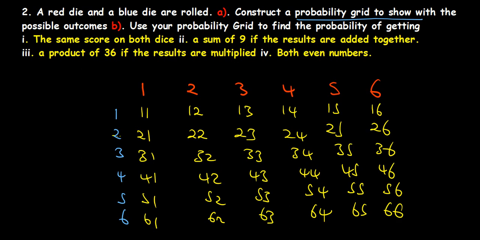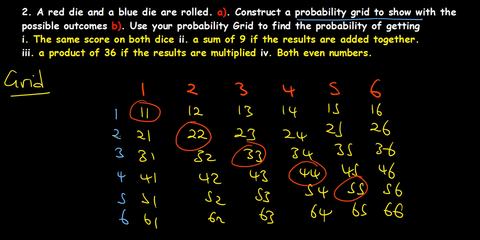So what we've drawn here is what we call the probability grid. From this grid we can now answer all the questions that follow. The first one says find the probability of getting the same score on both dice. If we are getting the same score on both dice, it means we are getting 1, 1, 2, 2, 3, 3, 4, 4, 5, 5, 6, 6.